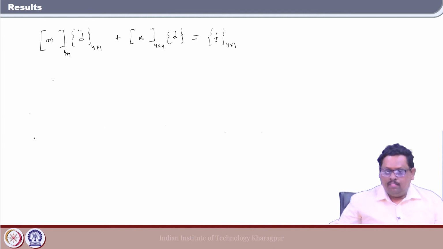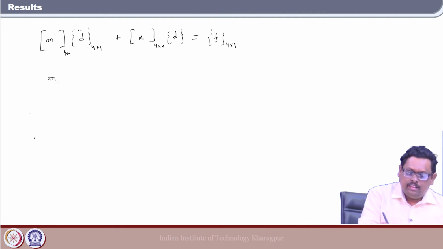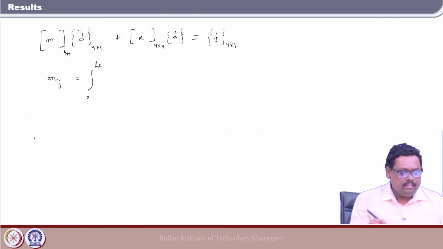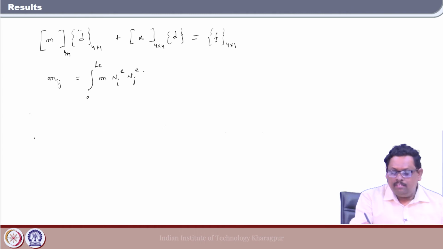Now, you can also confirm that this element m i j is nothing but the integral from 0 to L E of m into N i of element E, N j of element E, into dx.